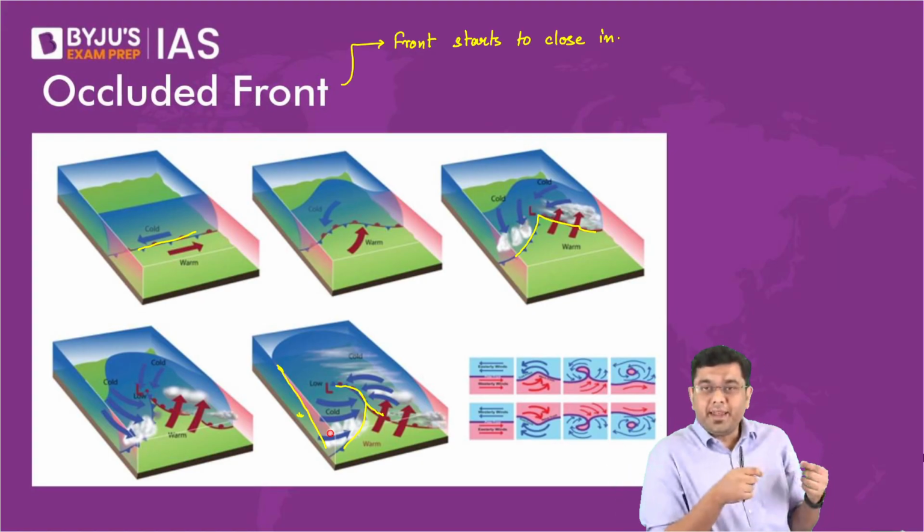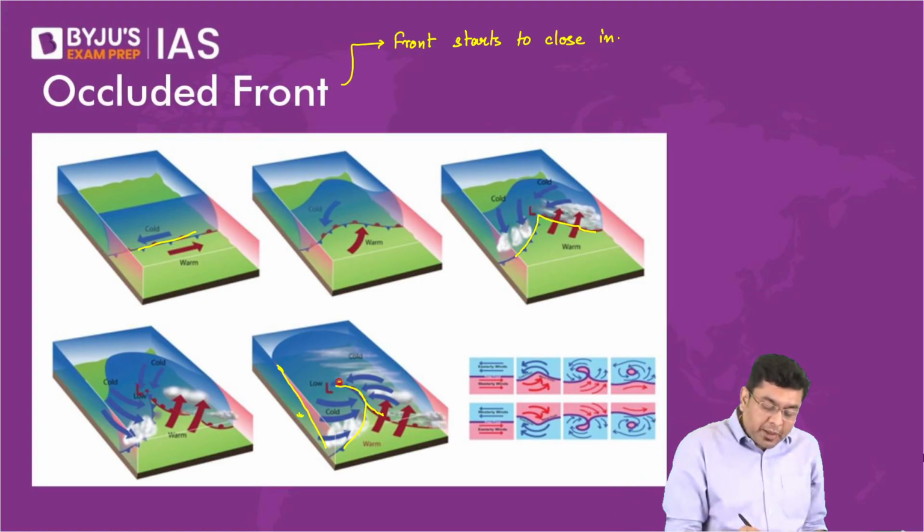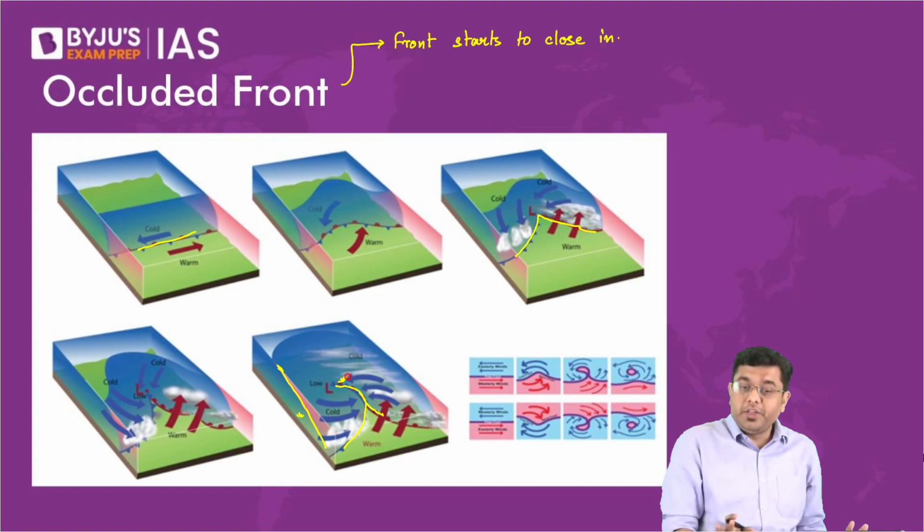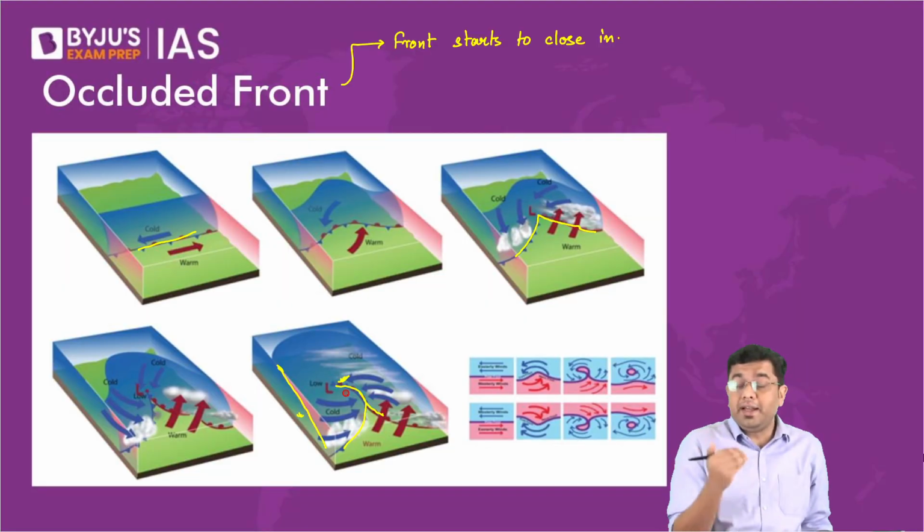Can we say that eventually in this particular area, the front will cease to exist anymore? And in this particular area, can we say that eventually it can lead to frontolysis? That is the dissipation of the front.